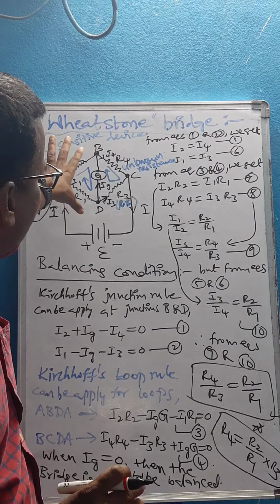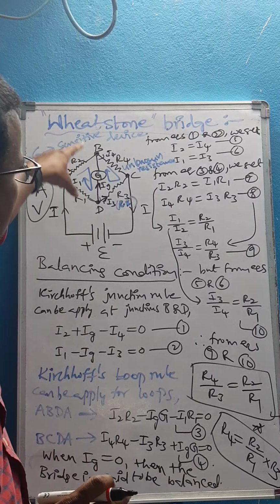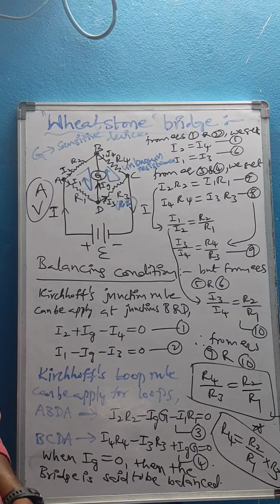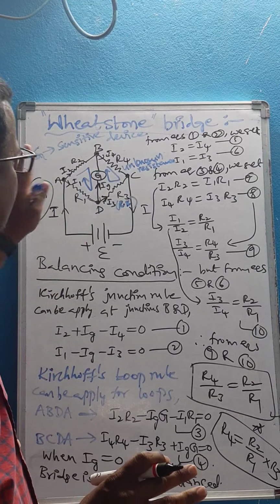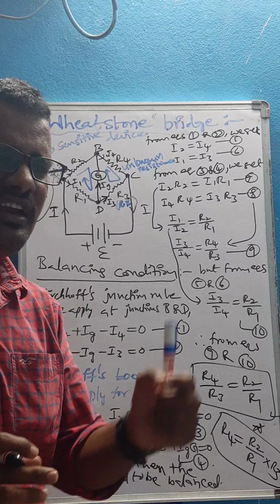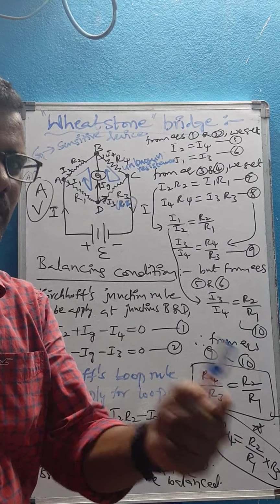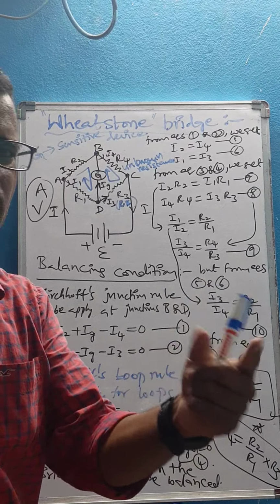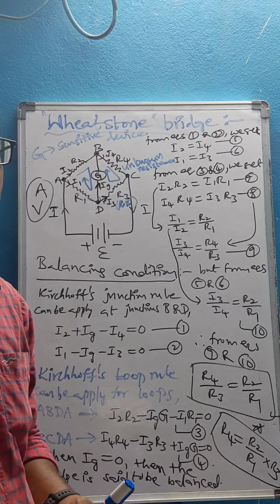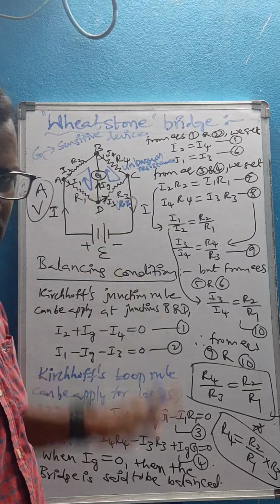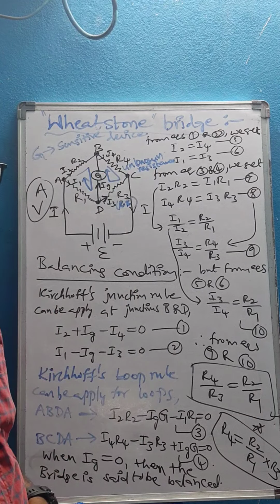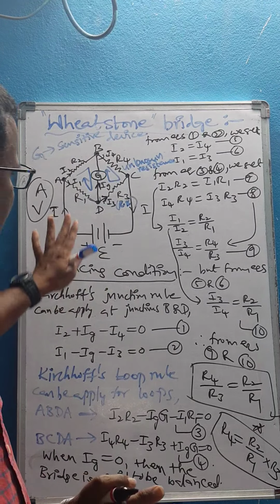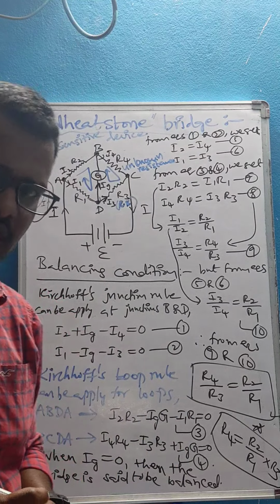That's why we connect the galvanometer to the two junction points B and D. That is the use of the galvanometer.